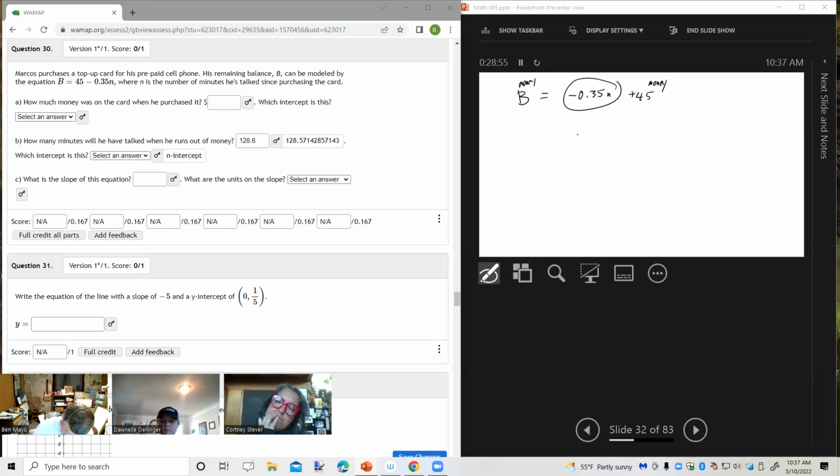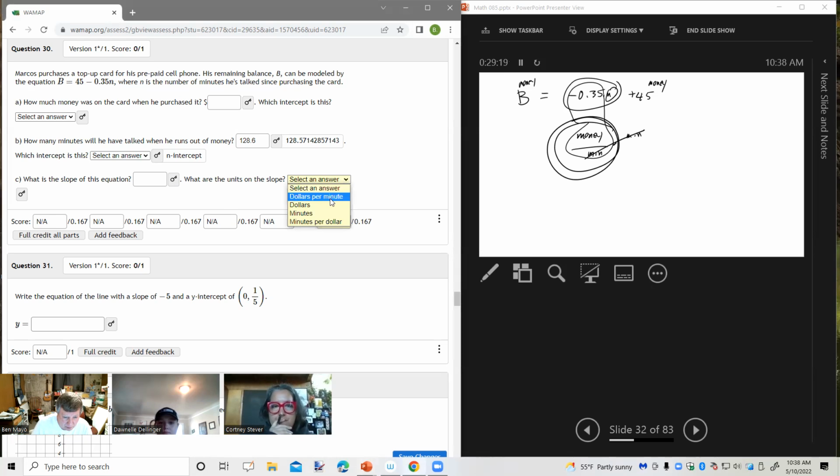So if it's money per minute for the slope times N, which is minutes, minutes would cancel and you'd have money plus money equals money. Are you following that? So the units for the slope would be money per minute. So dollars per minute would be the choice.